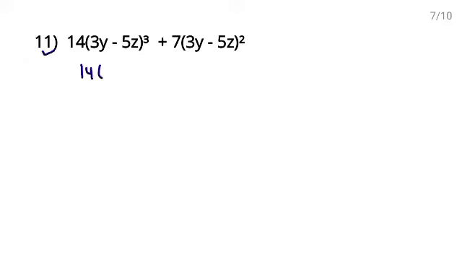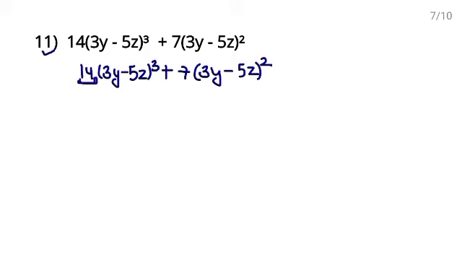Now the next question, question number 11. 14 into 3y minus 5z whole cube, plus 7 into 3y minus 5z whole square. Now students, if you observe the numerical terms, we can take 7 common.